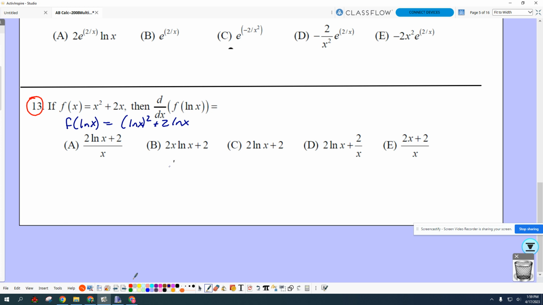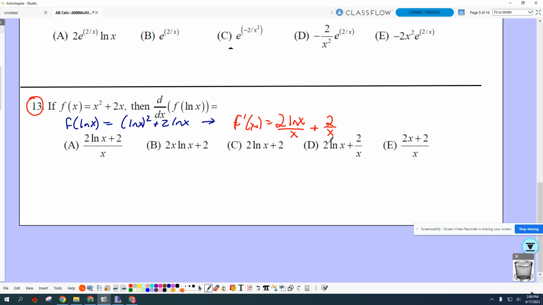That seems gross, but what is the derivative of that? The first one is 2 ln x over x, because multiply by the power, lower the power, leave it alone, and then multiply by the derivative of natural log of x, which is 1 over x. Plus 2 over x.